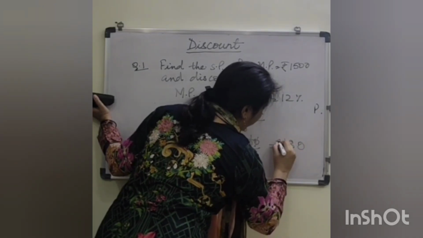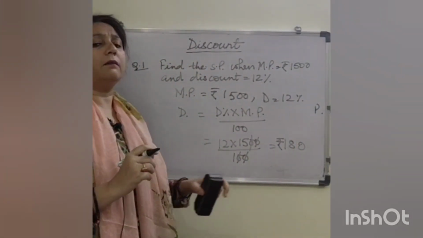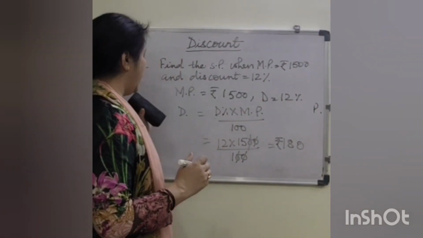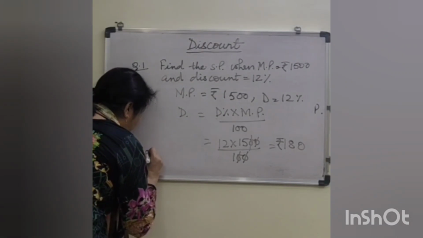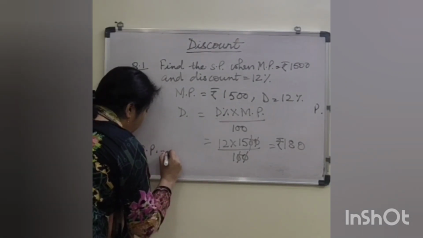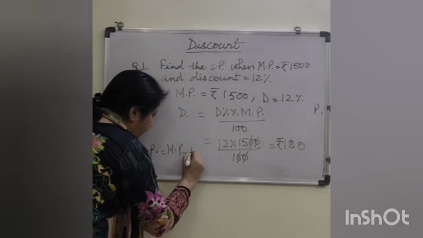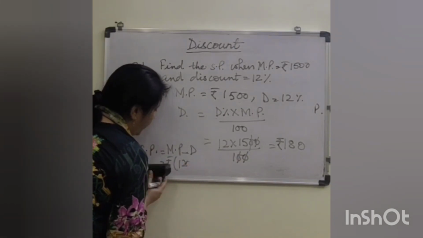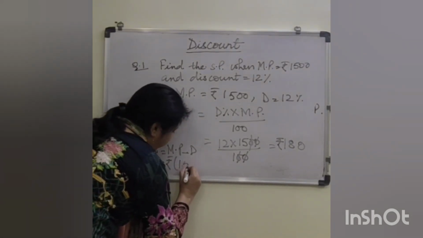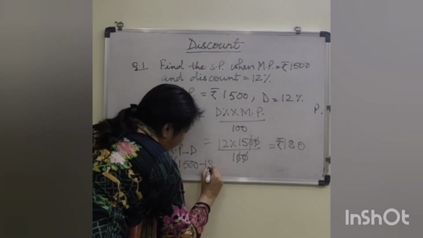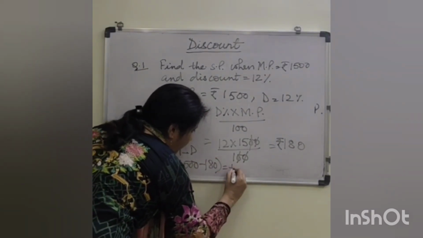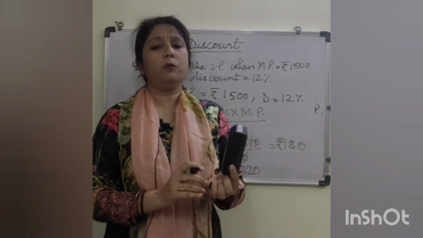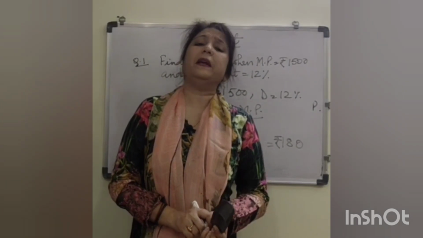That is rupees 180. Your discount comes rupees 180. You want selling price. So you write formula SP is equals to MP minus discount. That is rupees 1500 minus 180. So your answer will be rupees 1320. Selling price of that article will be rupees 1320.